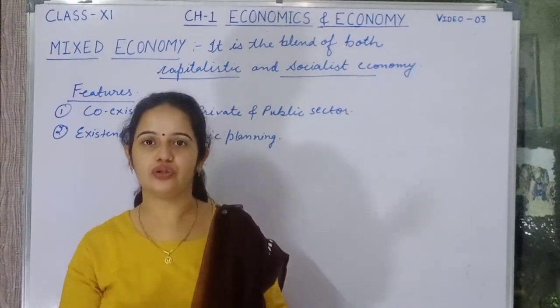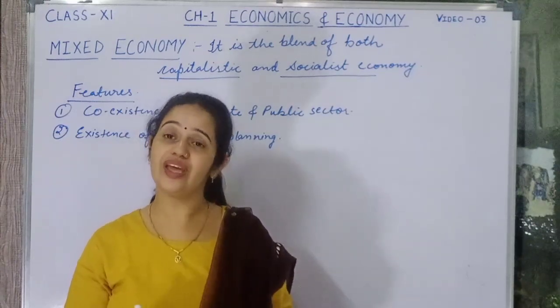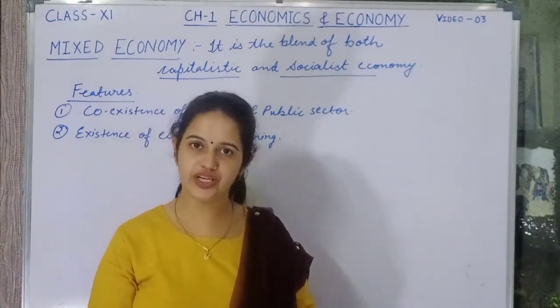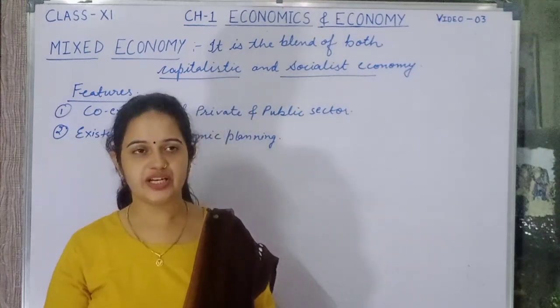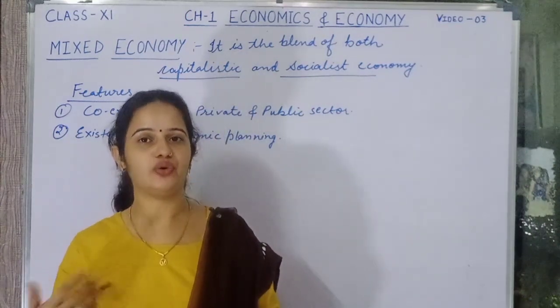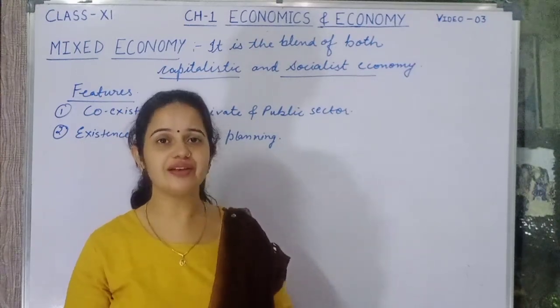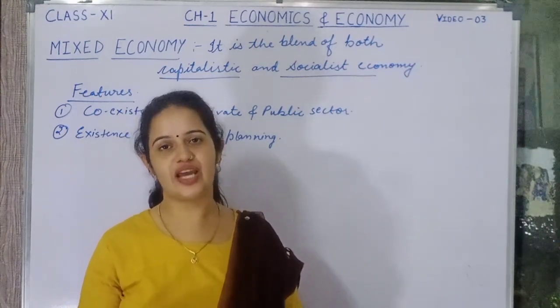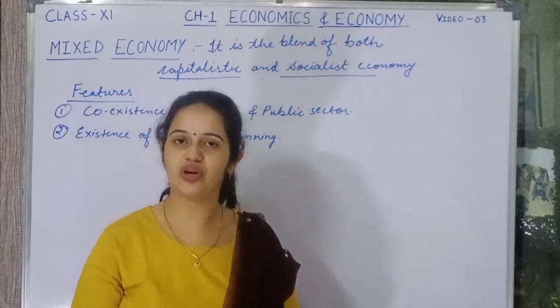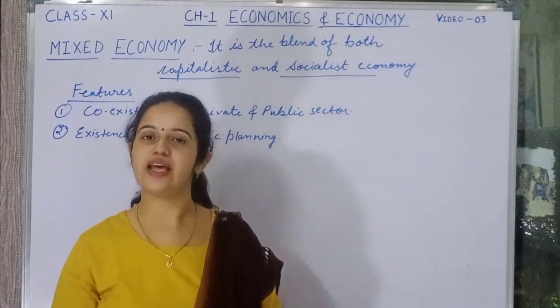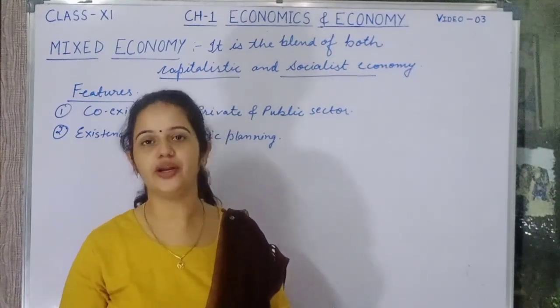Centralized planning authority laid down various targets and objectives for the growth of the economy, and the government framed various policies from time to time like monetary policies, fiscal policies, industrial policies, and so on.